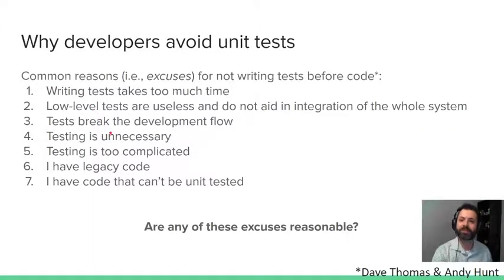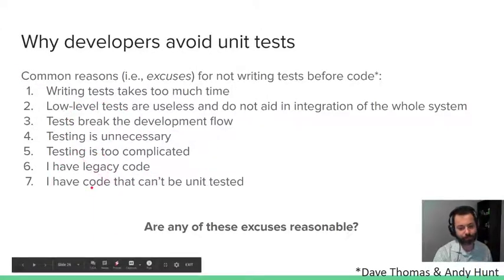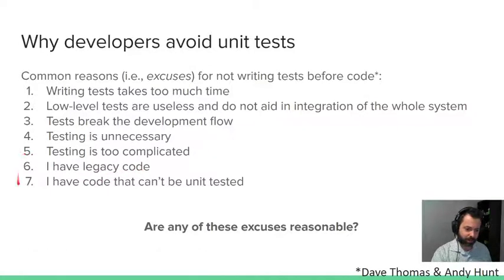Project managers tend to have a different view because testing takes time. These last two here as well are interesting to me because I have legacy code, I have code that can't be unit tested. So again, I'll pick on the Smart Mirror crew here. You're not necessarily writing code unless you're writing your own module, right? Which would probably be Node, I think. Maybe you're repackaging some of these modules and just moving configurations around or updating API keys or something like that.